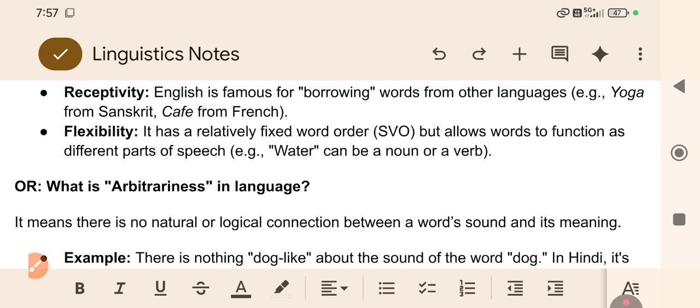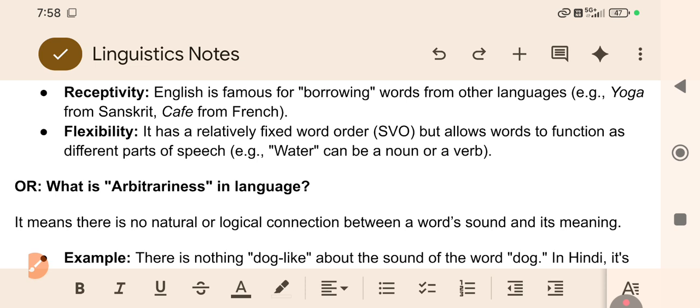We have discussed that pie chart in the class, right? 26% words from French, 26% from Latin. So still we speak many Latin words, French words, and that is now a part of English because English has accepted these words, right? Even Hindi words and other words, Sanskrit words, right?